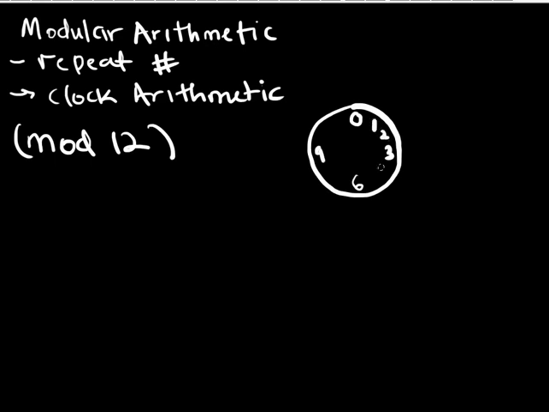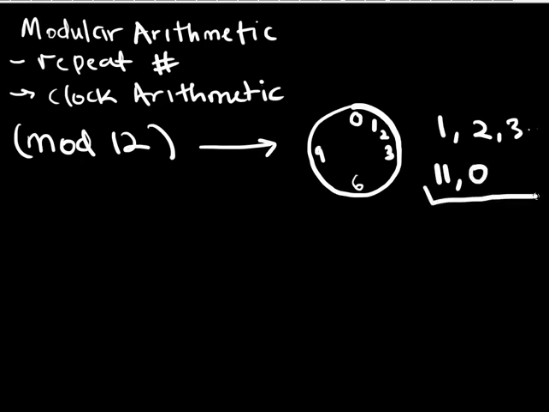We're all familiar with this: 1, 2, and then we go that way. In mode 12 it goes from 1, 2, 3, up to 11, and then rather than 12 here, I would write 0. These are all the numbers you need, because this would repeat itself.